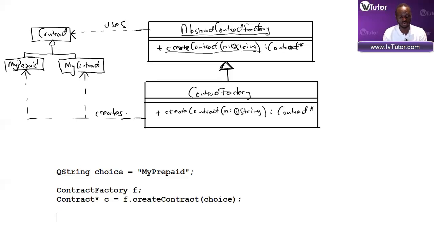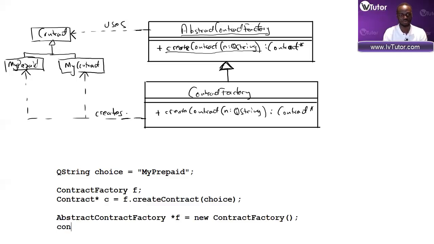Now, here are some variations for doing this. You can also create an instance of your factory like this: abstract contract factory, let's call this F, equals new contract factory, and then we can go contract C equals F dot create contract.